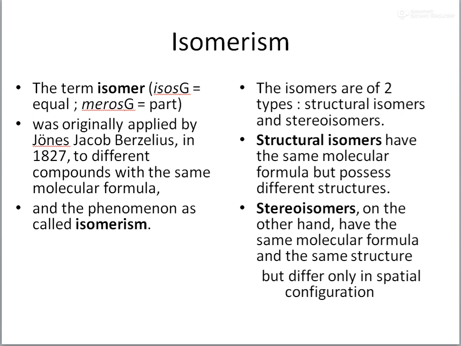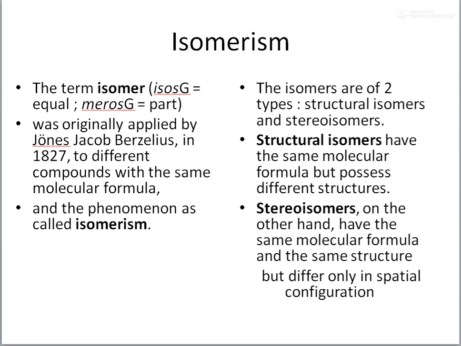Structural isomers have the same molecular formula, but they have different structures. And coming to stereoisomers, they mainly differ in the spatial configuration of the various moieties which have been attached to the different carbon atoms or the different atoms involved in the formation.